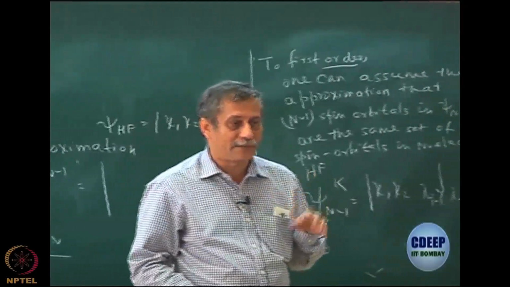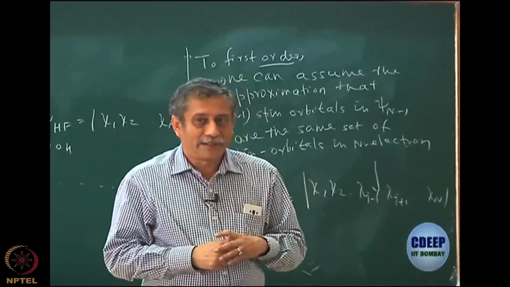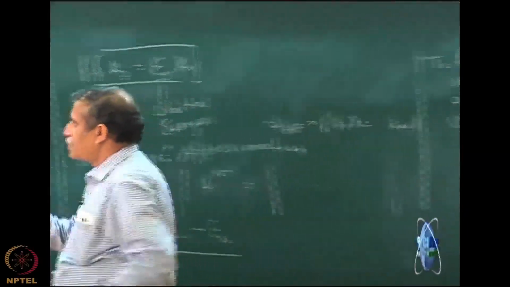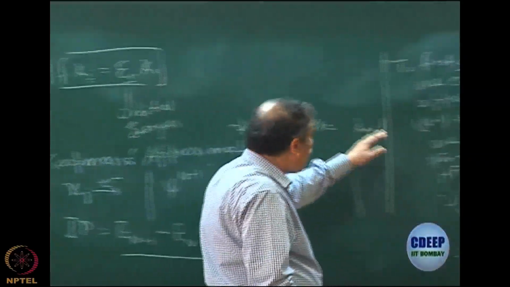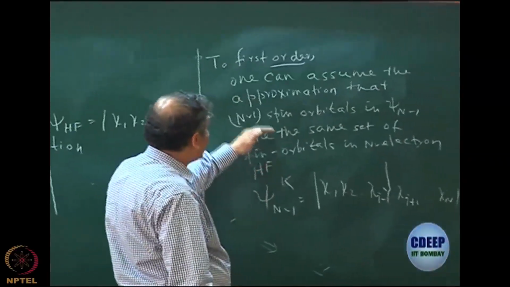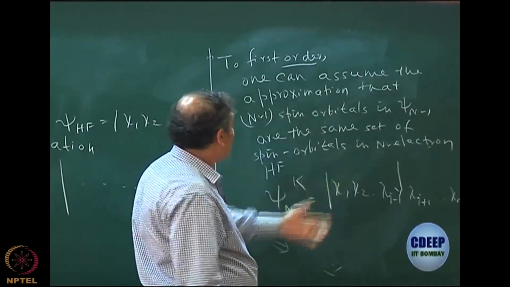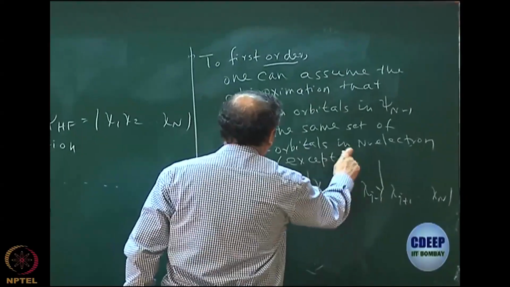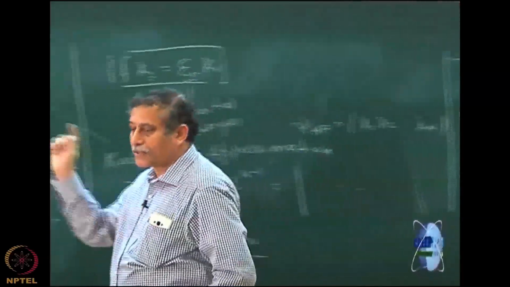Can you do this? So I can give this as a first home assignment, without proving that. Assume Koopmans approximation. So Koopmans approximation essentially means that all the n minus 1 spin orbitals in psi n minus 1 are same as the n electron Hartree-Fock, except for, of course, chi j, which is knocked out. So I have knocked out an electron, one spin orbital chi j.